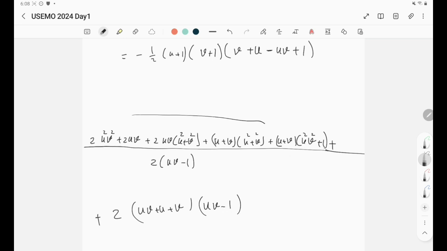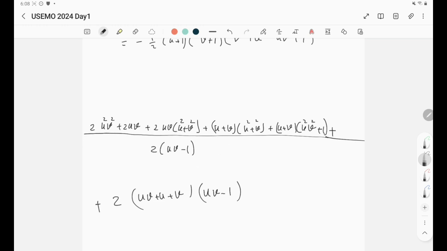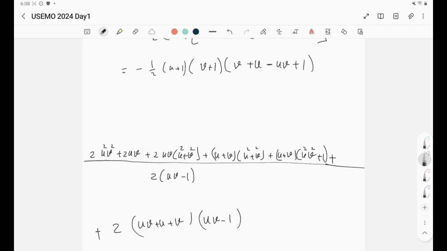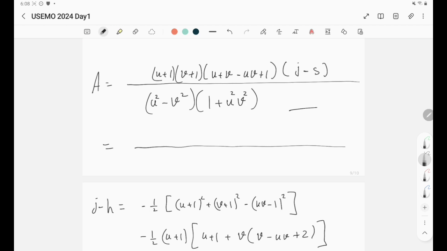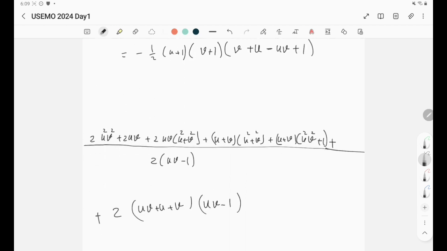Yeah, so this will be our numerator, this plus this. All of that is divided by 2uv minus 1. And hopefully this will be factorizable. Otherwise this will be really ugly, especially when you want to calculate the conjugate of this. So hopefully this thing should be factorizable.